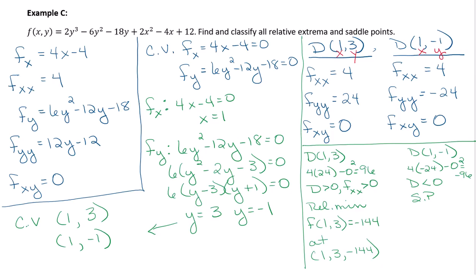So we don't have to look at the f with respect to xx, but we do have to find our output value. So if we plug 1, negative 1 into our original equation again, we get an output value of 0. So that tells us that we have a saddle point at the point 1, negative 1, 0.